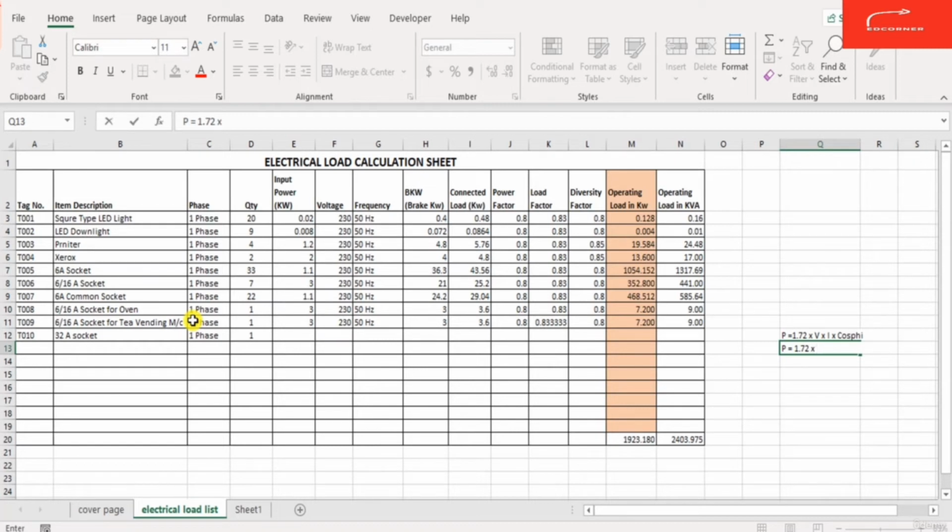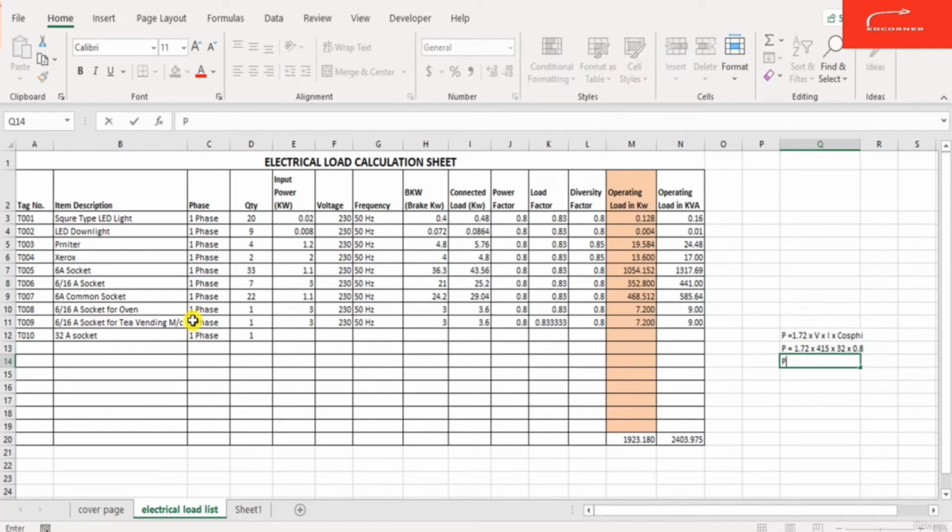Now the voltage required for the 3-phase is 415. This is the standard 415 voltage required for 3-phase. And cos phi is the power factor, and that is 0.8. Then we need to add that 32 ampere. So this is the formula for the 3-phase 32 ampere socket.